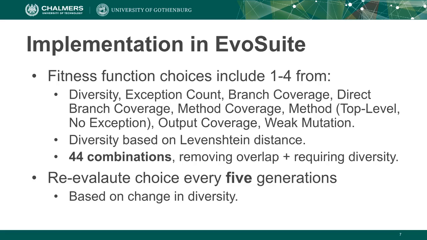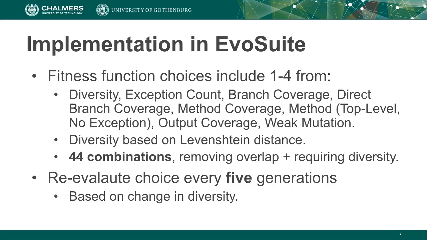Every 5 generations, EvoSuiteFIT will step in and make a selection of 1 to 4 fitness functions from a set including that diversity score, a count of exceptions, branch coverage, direct branch coverage, method coverage, top-level no exception method coverage, output coverage, and weak mutation coverage.